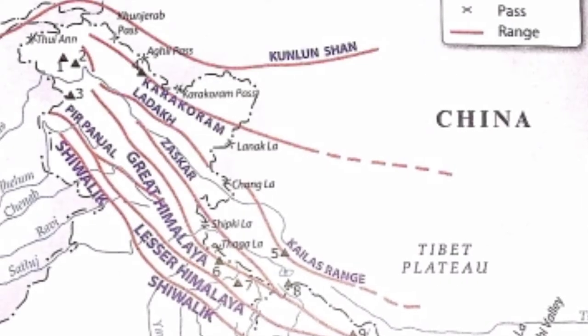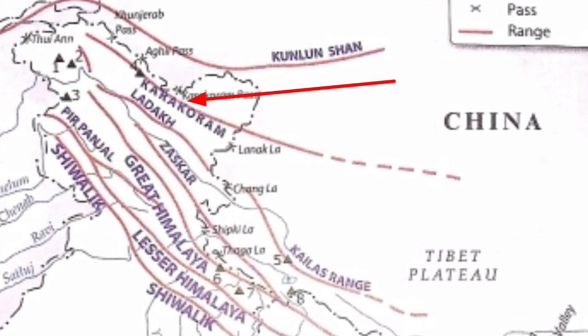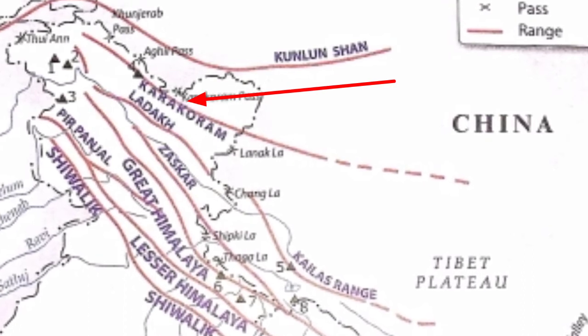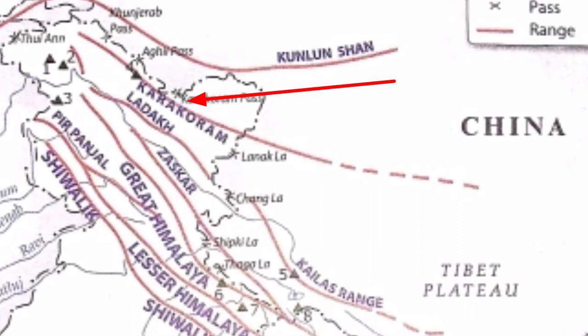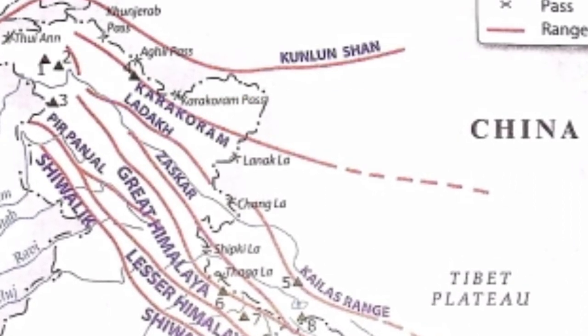Now let's talk about the Karakoram Mountains. First of all, its location. It is located to the northwest of the Himalayas. Beyond the river Indus lies the Karakoram range. So this is the location to the northwest of the Himalayas.